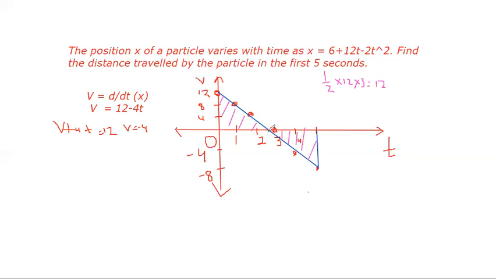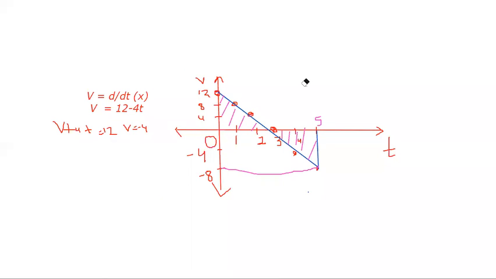And what is the area under this? This is 5, so the base is 5 minus 3, which is 2.